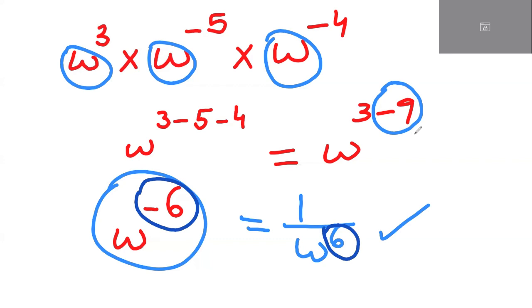Whenever the powers are going from numerator to denominator or denominator to numerator, always the sign is changed.